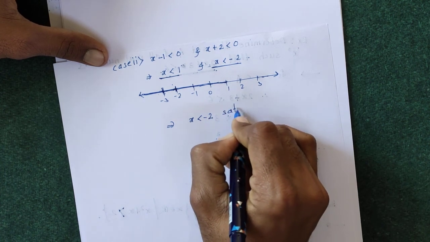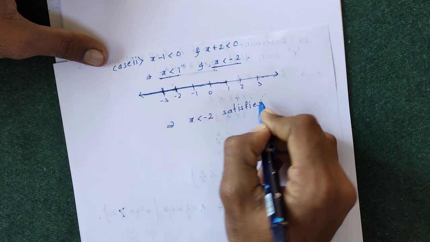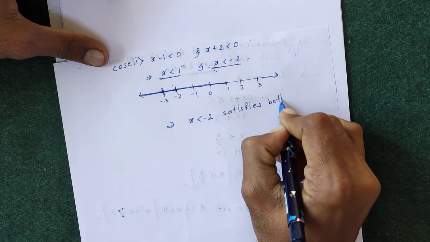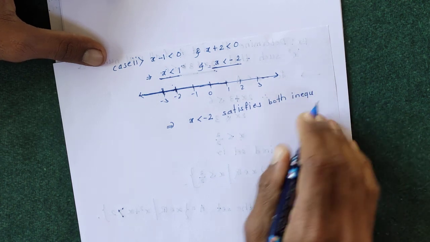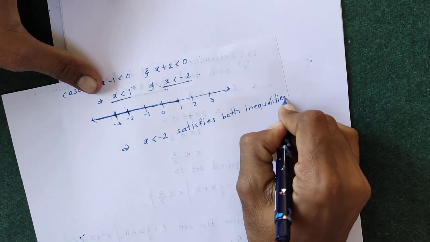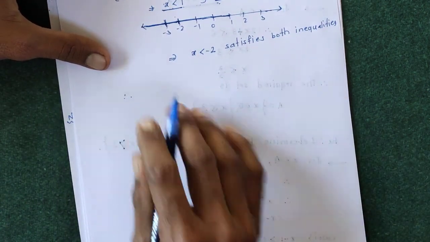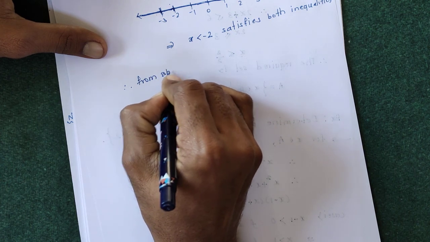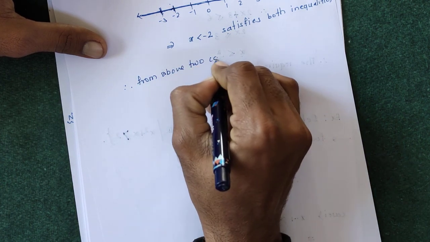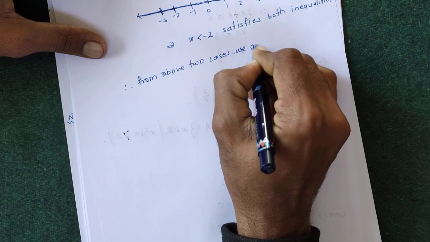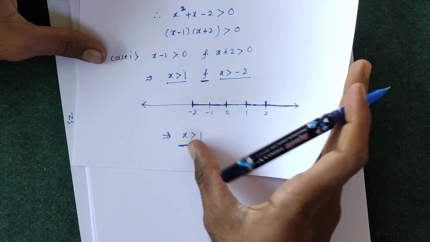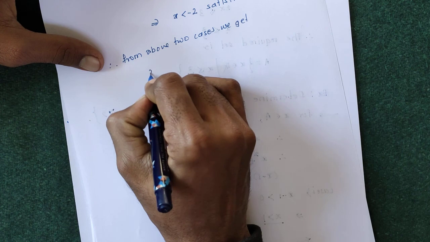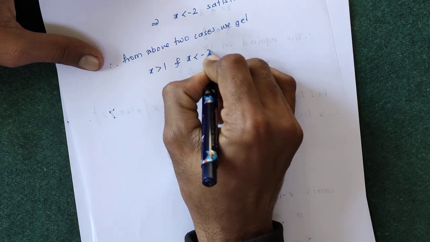Therefore, from the above two cases we get: from the first case x greater than 1, and in the second case x less than minus 2.